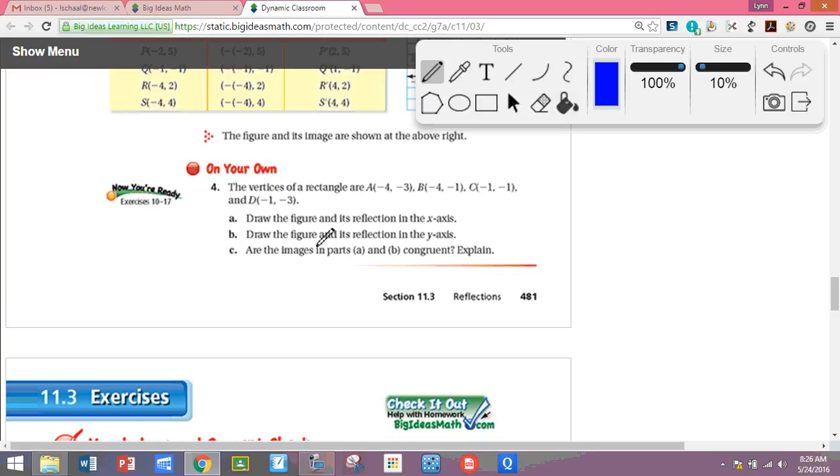I'm very mathematical, so I think if you can do the coordinates, you can graph it. For A, reflect these points along the x-axis, and for B, reflect these points along the y-axis. Not after: do the x from these points, then from these points to the y, and give me the coordinates. Then answer question C. So pause your computer, do that, and then come back.